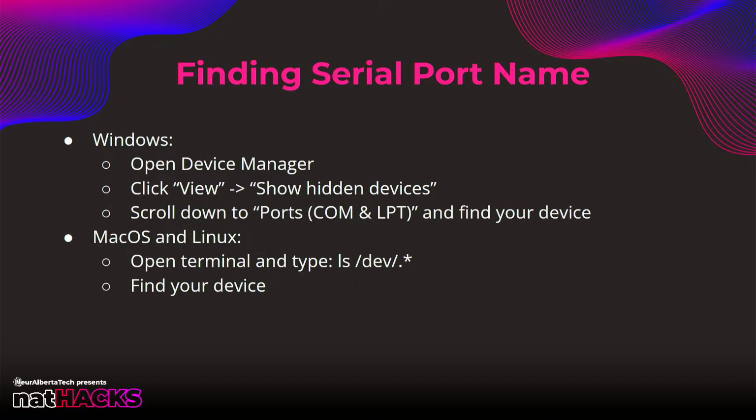The way you can find that on Windows is to open your device manager. I think you can skip showing hidden devices; it should typically work without it. If you go to the section that has Ports, COM and LPT, you can find your device, and it'll say what COM port it's connected to.